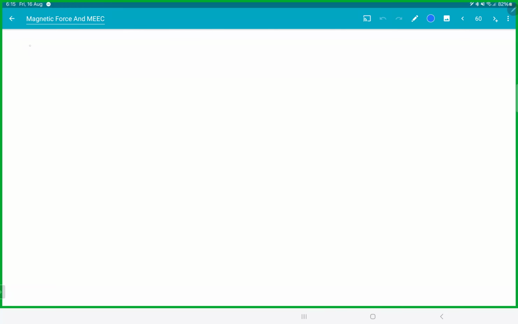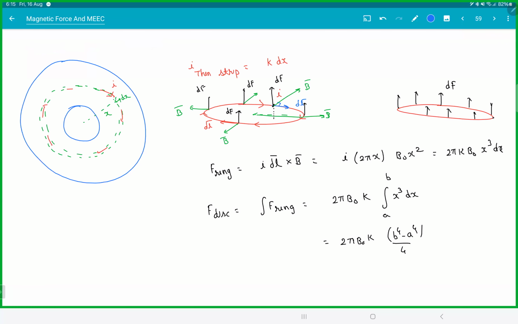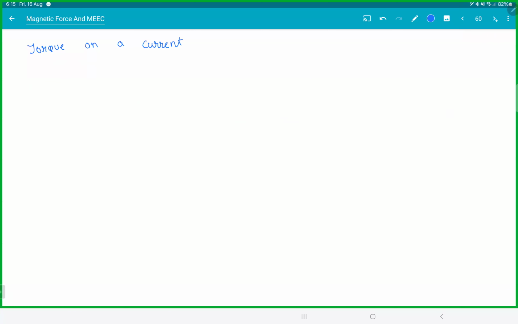Torque on a current carrying loop. Right. Sir, you said something that we had to double something just now. Can you just repeat? Something we had to double that we did not do. No, nothing else. You understood this thing, right? Yeah, but that's it. That is important. Don't get confused yourself. It's someone else's doubt. We both are clear. Listen.